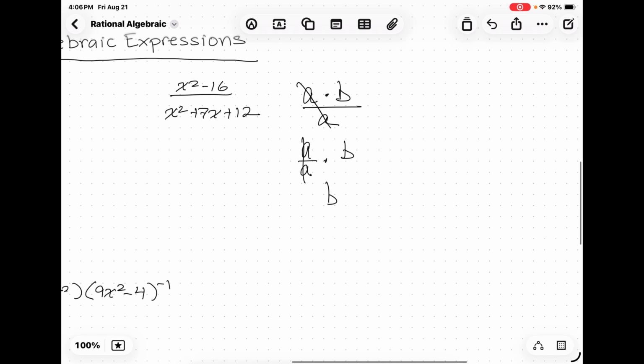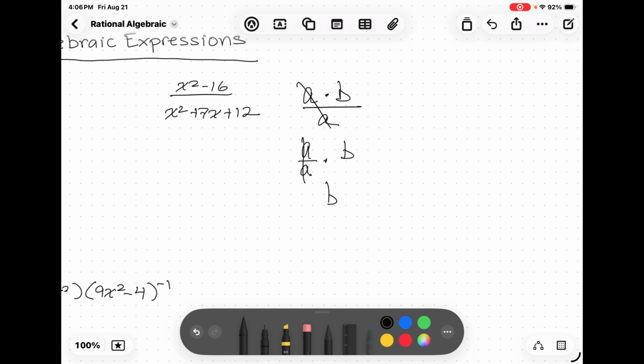Not to be confused with a plus b over a. I can't cancel that. What would I get? Would that be b, or would it be 1 plus b? How would I have to split this up? If I have a plus b over a, that's a over a plus b over a, because that's how addition of fractions works.